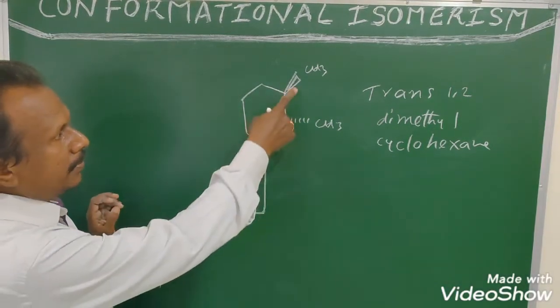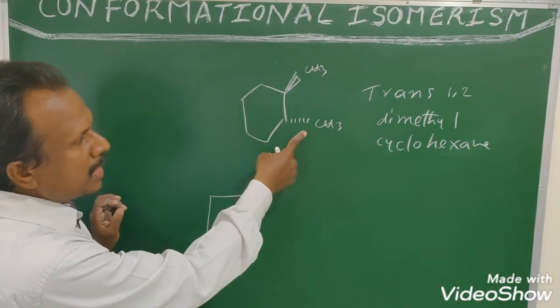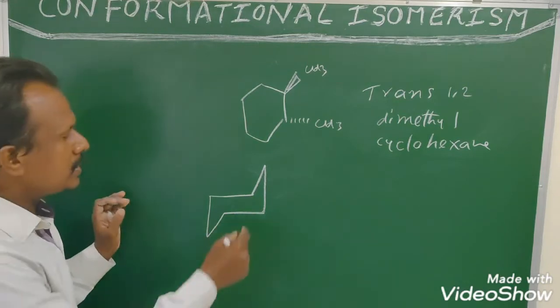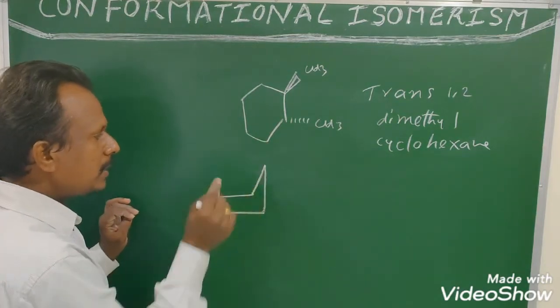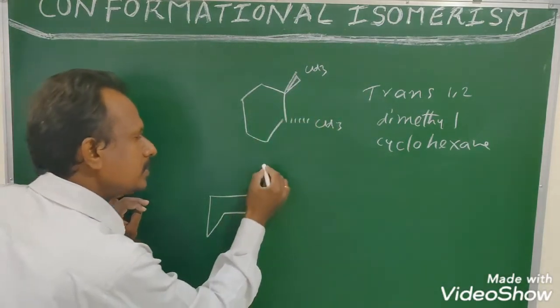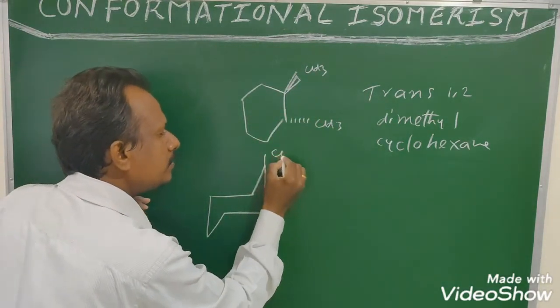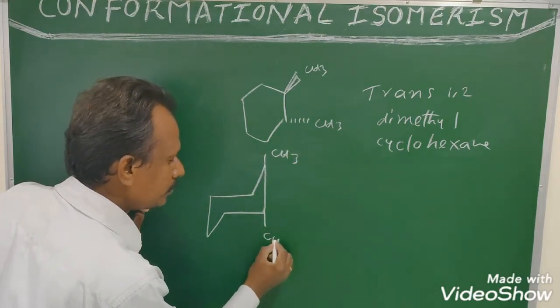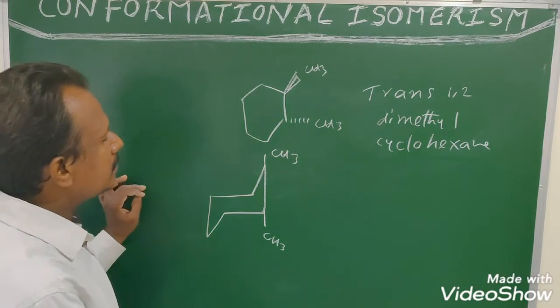Trans-1,2-dimethylcyclohexane also exists in two chair conformations. This is one chair conformation. The two methyls are trans. This is the methyl, and this is the second methyl. They are trans.